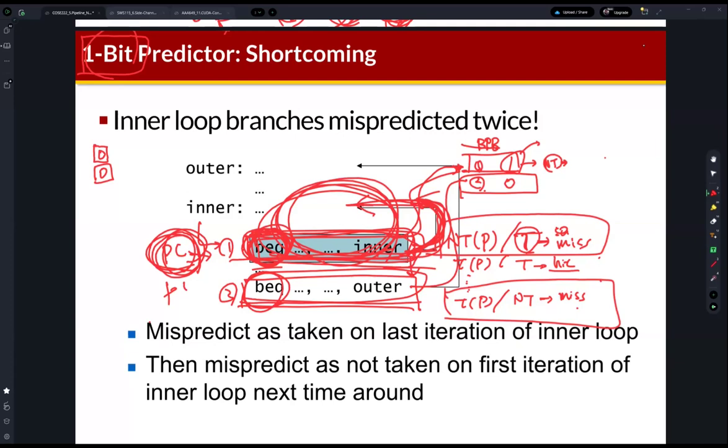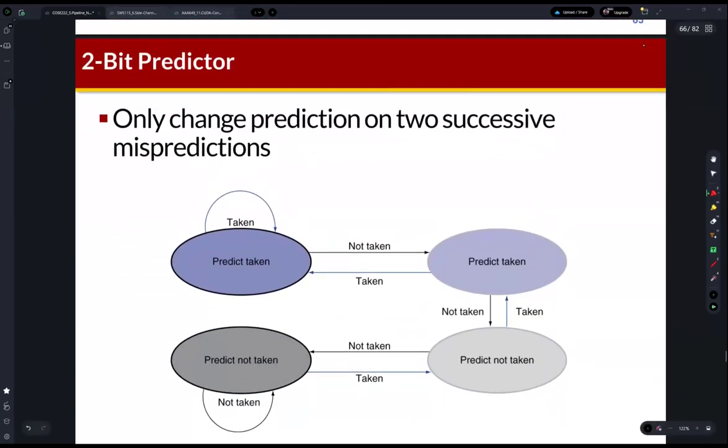Okay. So we can use the 2-bit predictor. What does that mean? The 2-bit predictor means that we use 2 bits of data to store the previous events of the branch instruction.